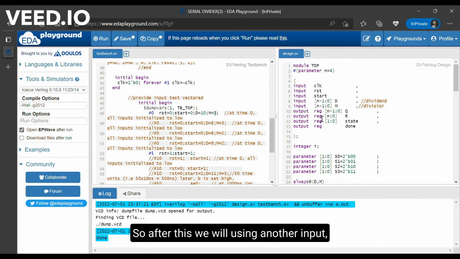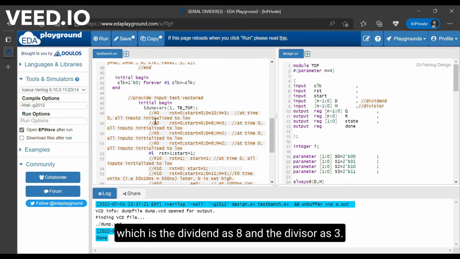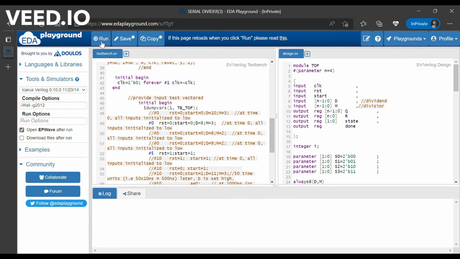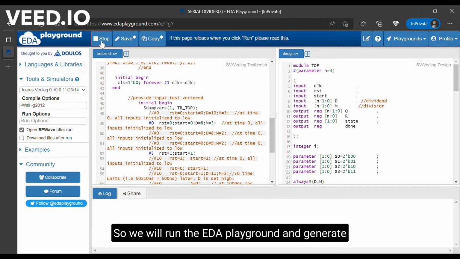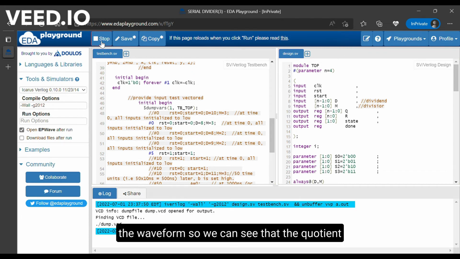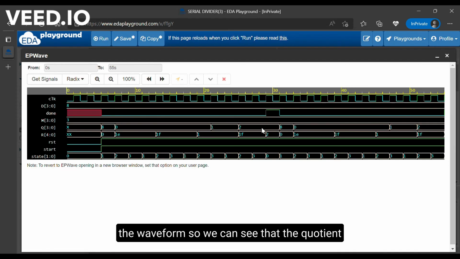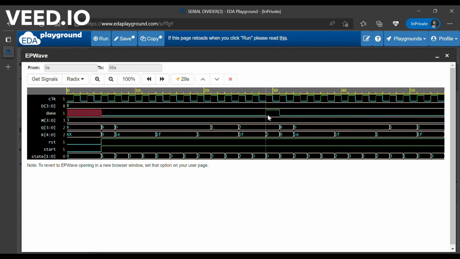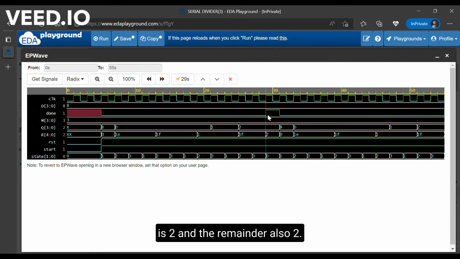After this, we will use another input, which is dividend 8 and divisor 3. We will run the EDA Playground and generate the waveform. We can see that the quotient is 2 and the remainder is also 2.